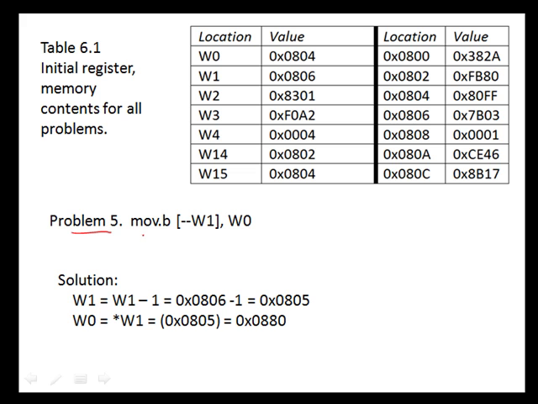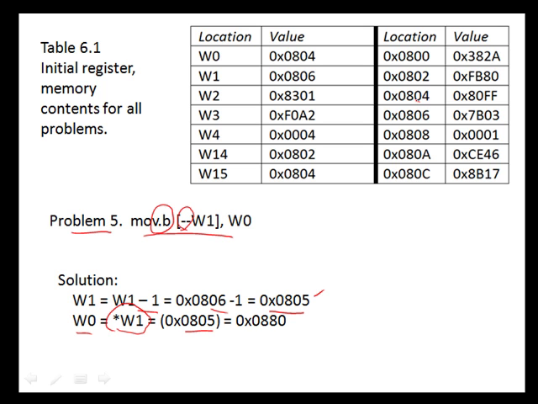Problem 5 is the same as the previous problem, except now this is a byte operation instead of a word operation. That means that for this pre-decrement register indirect addressing mode, we'll only subtract 1 because it's a byte operation. So the new value of W1 is now going to be 805. At this point, we're going to move to W0 the byte pointed to by W1. W1 has the address 805.